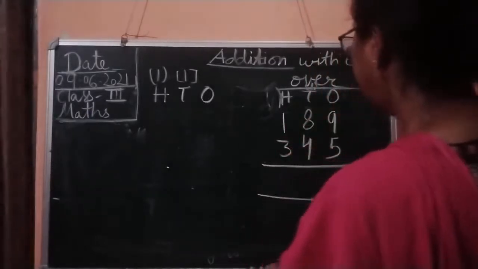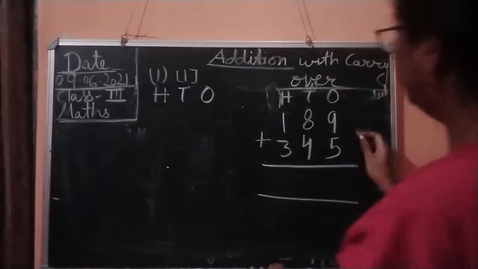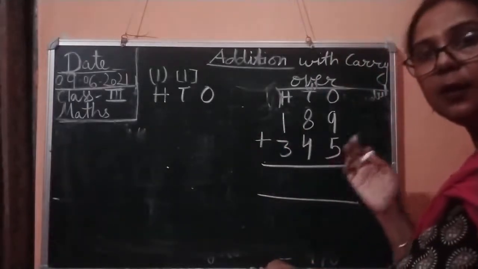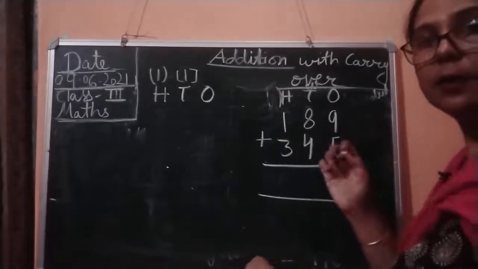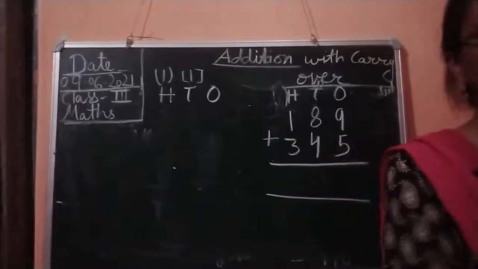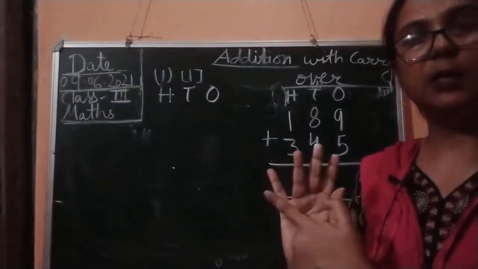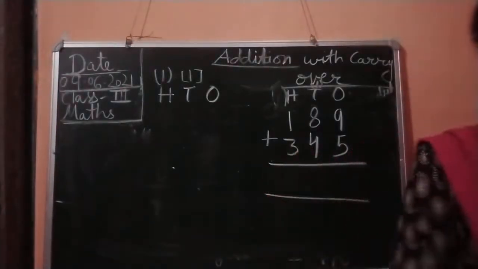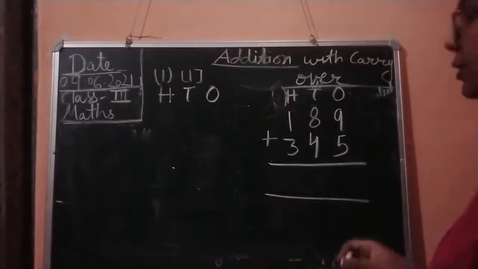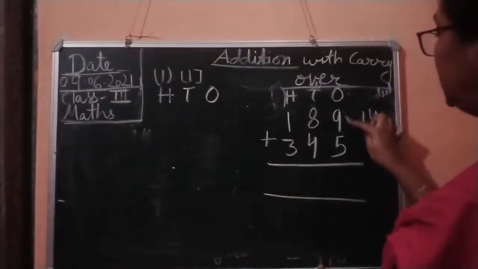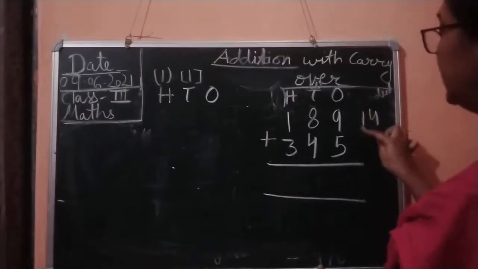First we will do 9 and 5. Let's count 10, 11, 12, 13 and 14. So 9 and 5 is 14. The sum of these two numbers in the ones place is 14.